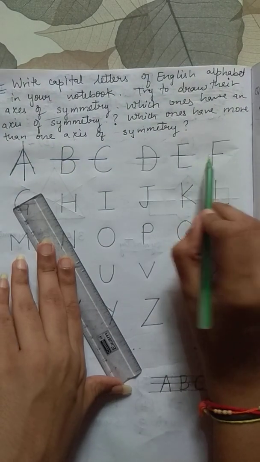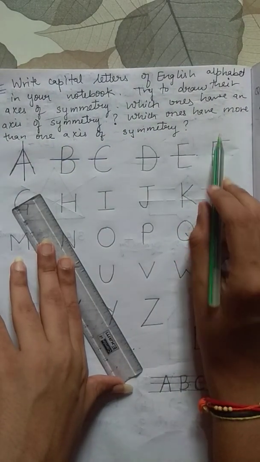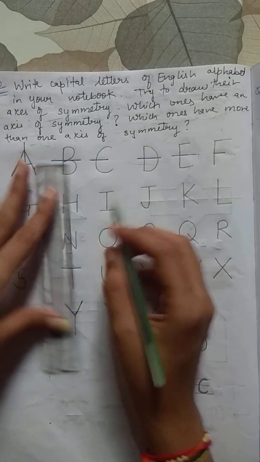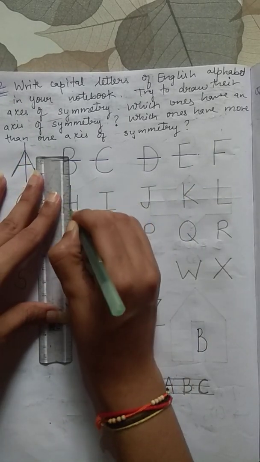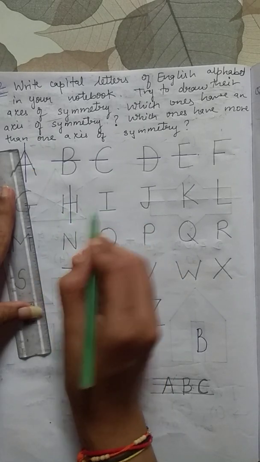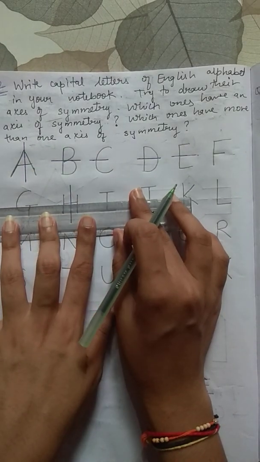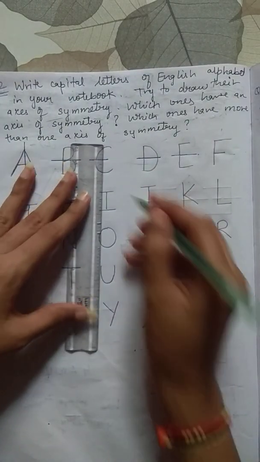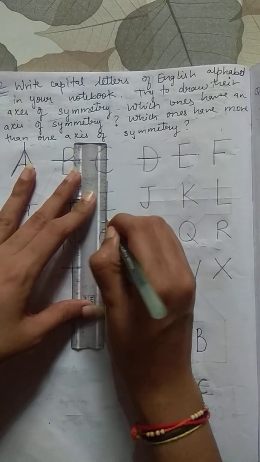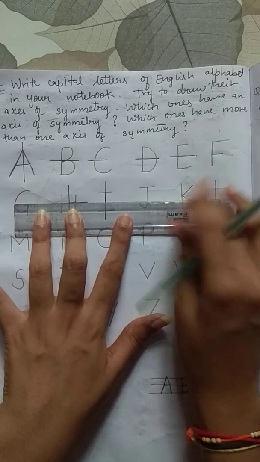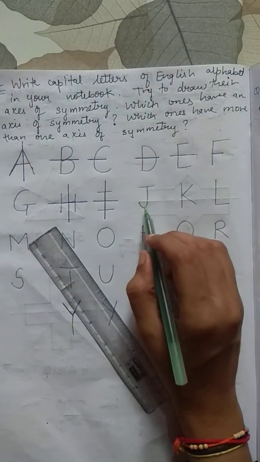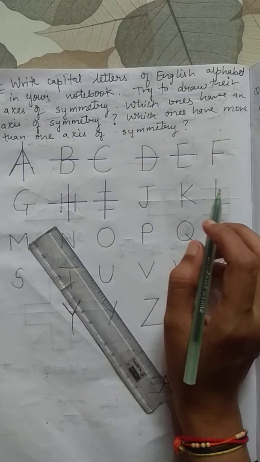Now F has neither vertical nor horizontal. Same with G. Now H. Yes, it can be divided into two equal parts vertically and also horizontally. Same goes with I. Now J, we can't draw either vertically or horizontally.